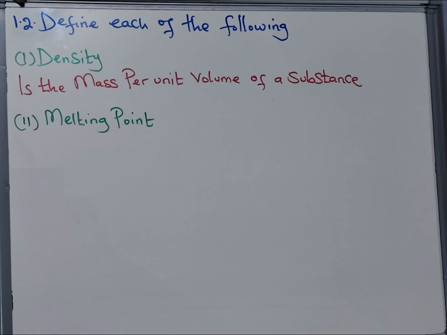That state when the liquid and the solid are coexisting defines melting point. So we can simply say it is the temperature at which the liquid and the solid phase of a substance are in equilibrium.